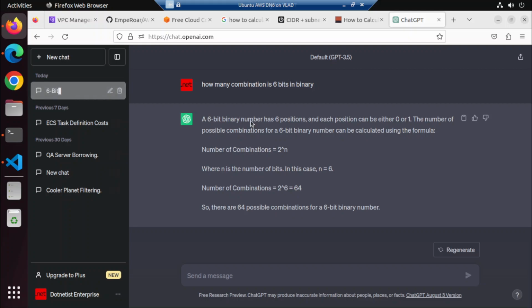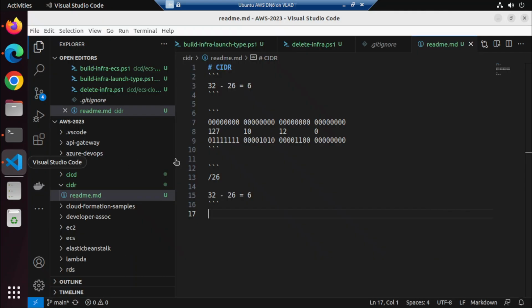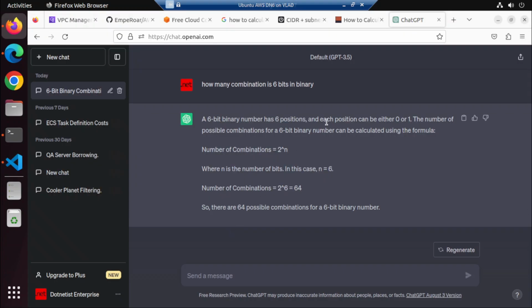A 6-bit binary number has 6 positions. As we showed earlier, 6 bits have 6 positions: 1, 2, 3, 4, 5, 6. And each position can be either 1 or 0.